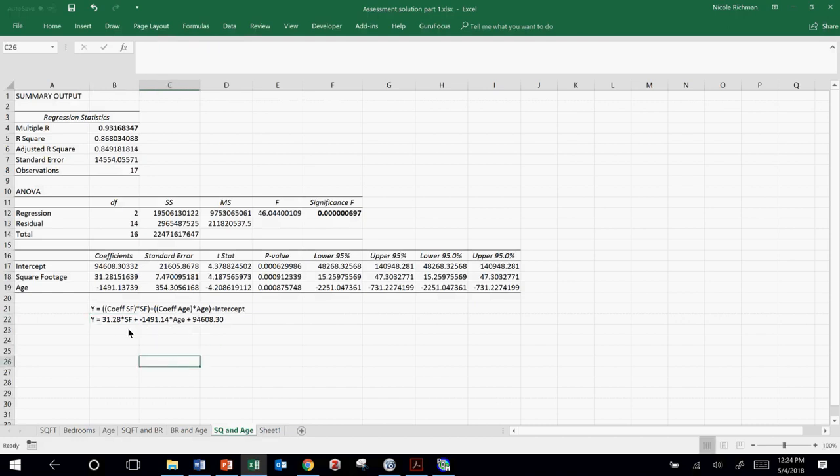So now we have a new y equation, and if we wanted to solve for a specific data set, we could input the square footage of the home and the age and estimate the selling price, assuming that this particular data set was relevant and meaningful.